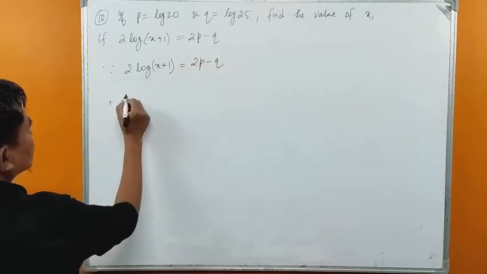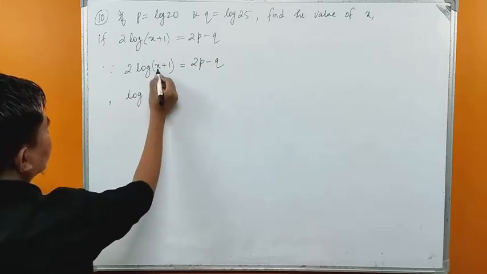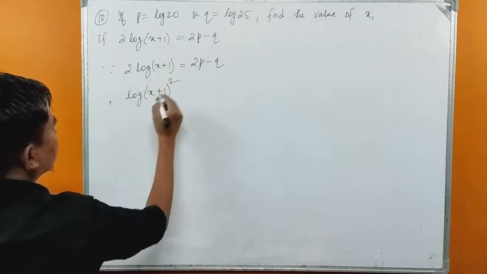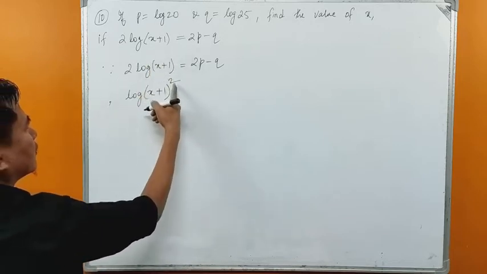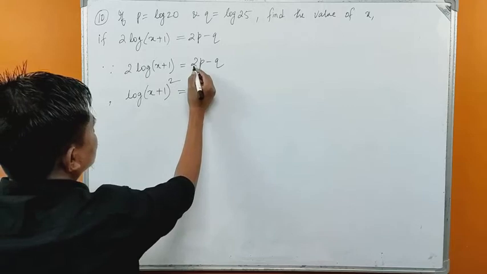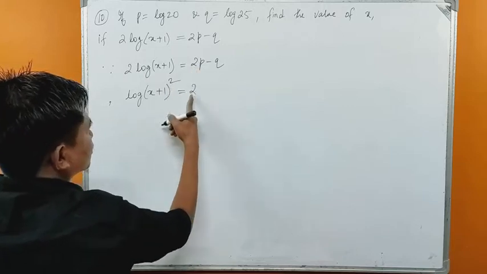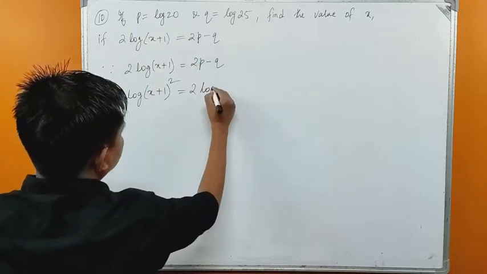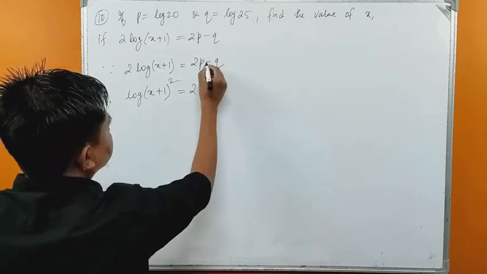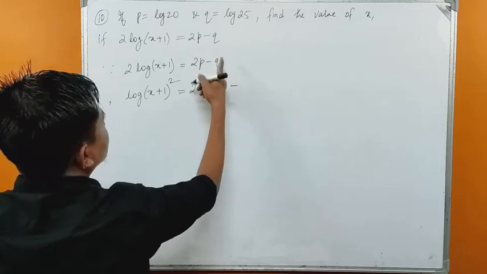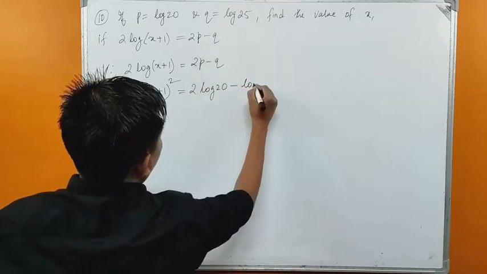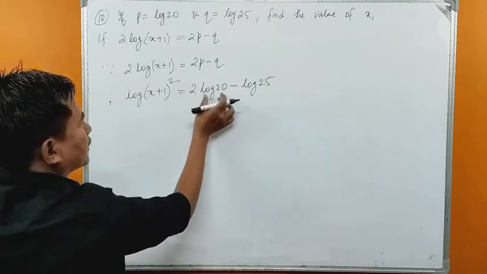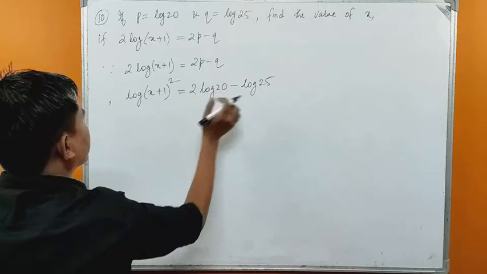Or log x plus 1, this 2 we take to the power, equals to 2, we write here as it is, 2 times p, which means log 20, minus q, which means log 25. We put the value of p and q. p means log 20, q means log 25.